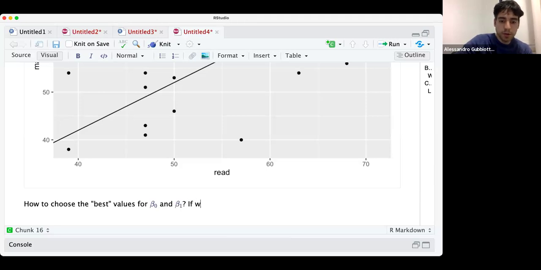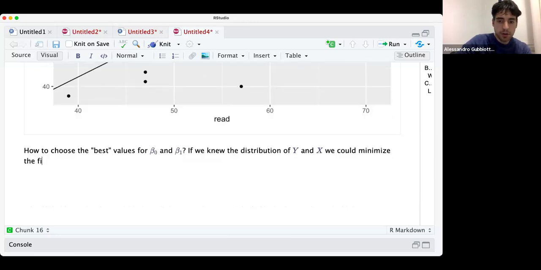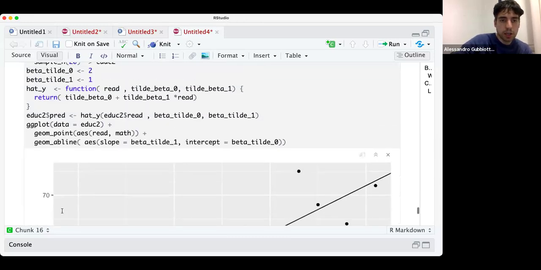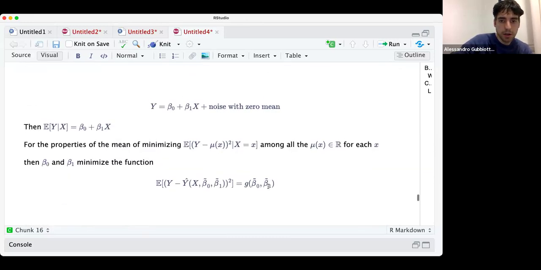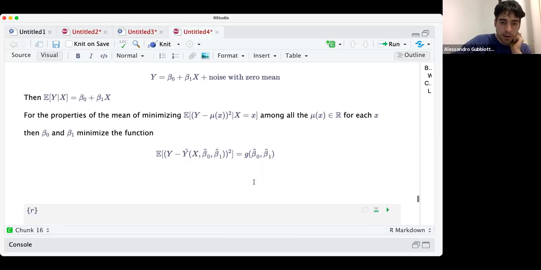If we knew the distribution of y and x, we could minimize the function g, the one which I have defined from the model, this g of beta tilde 0, beta tilde 1, and this would give me the correct ones.